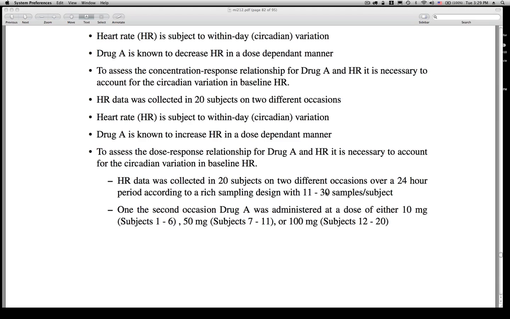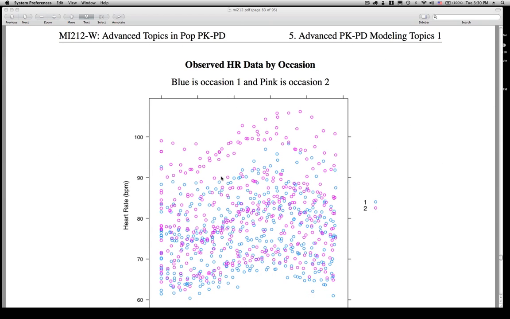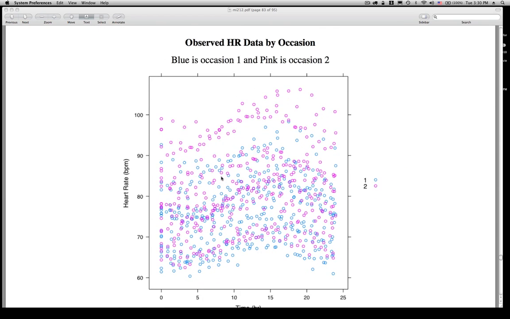We have 11 to 30 samples per subject, 20 subjects in this data set, on 2 different occasions. The first occasion is done in the absence of drug A. The second occasion is done after drug A is administered at different doses. So pretty good study design here, where we have baseline data and we have drug effect data.